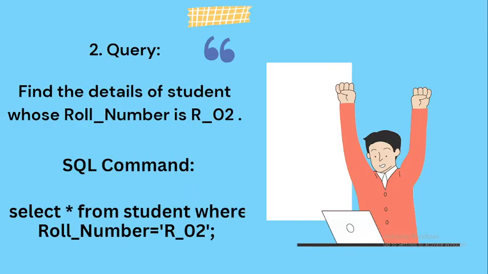Now let's see our another query. In this we have been asked to get the details of the student whose roll number is r underscore 02. So in our table there were 3 records. One is related to r underscore 01, another to r underscore 02, and the third one to r underscore 03.